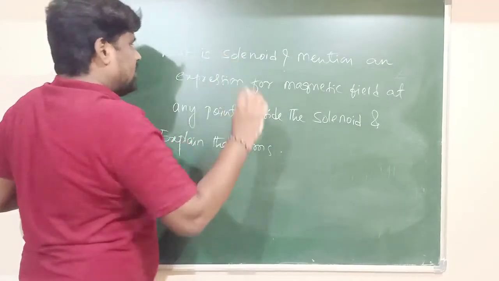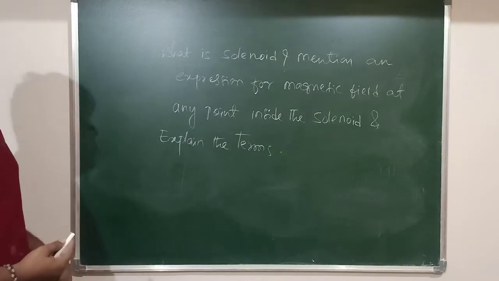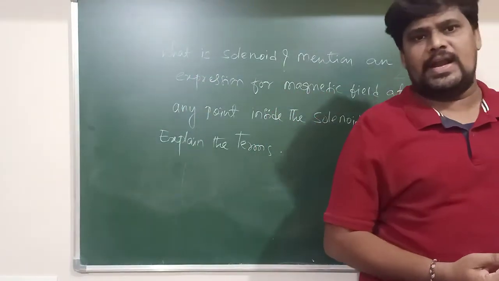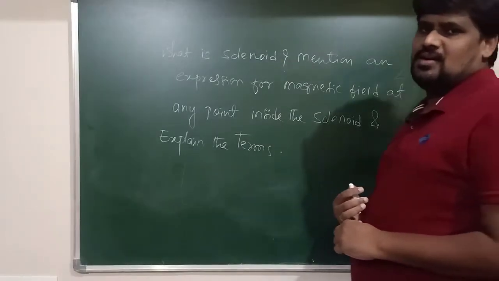It is a most expected 2-mark question for the examination. What is a solenoid? Mention an expression for magnetic field at any point inside the solenoid and explain the terms here.